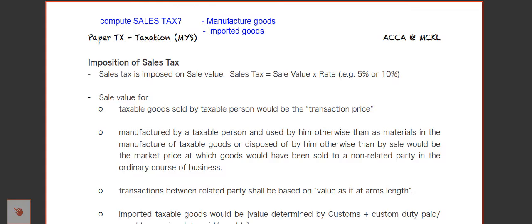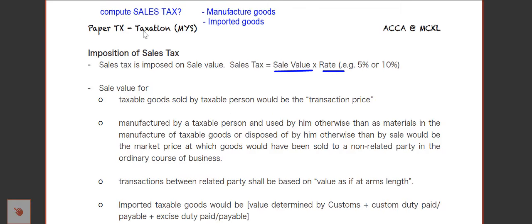Okay. Now, but the first principle is, the formula is rather straightforward. Sales tax is based on the sales value multiplied by the rate, which either is 5 or 10%. Now normally the exam questions will tell you the rate that they use. Okay, they will not expect you to remember what products uses 5% and 10%, but they'll tell it to you.